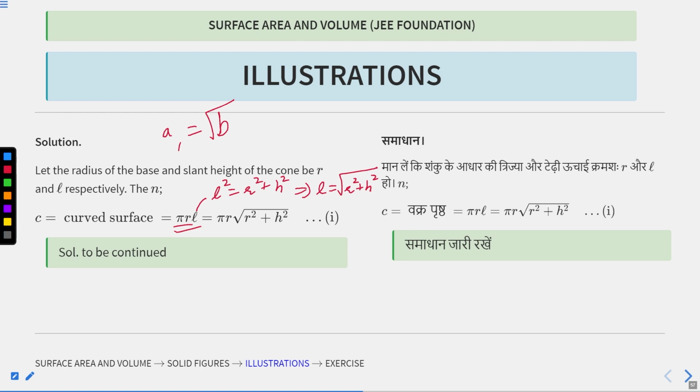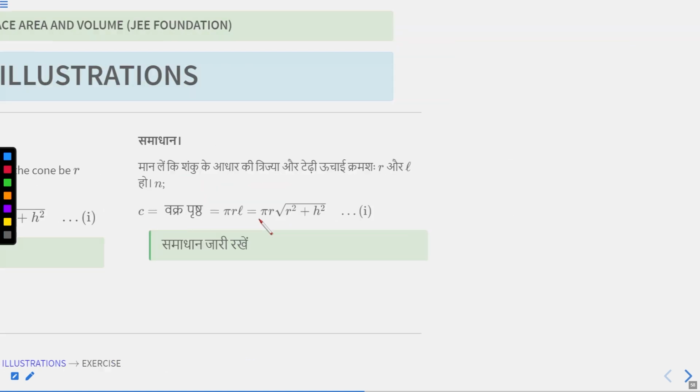We did the same thing over here: if a square is equal to b, then a is equal to root b. Applying this, we get this. We used pi r l and the value for l as root of r square plus h square. So my curved surface area is now pi r times root of r square plus h square.